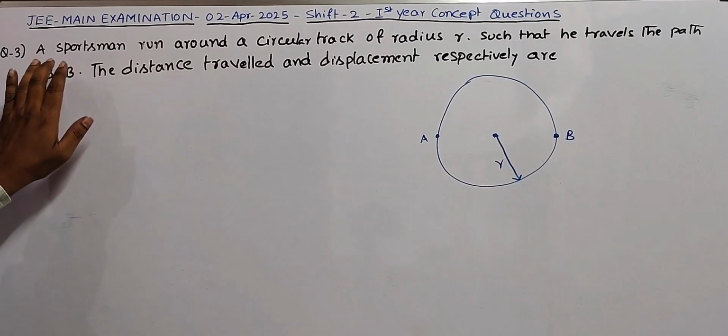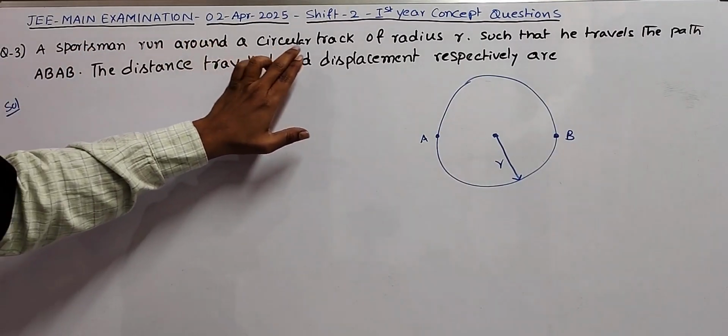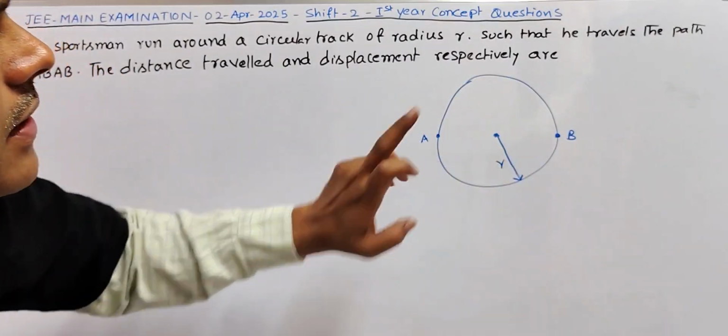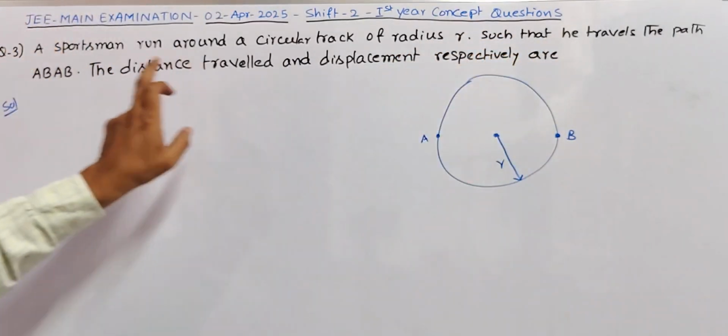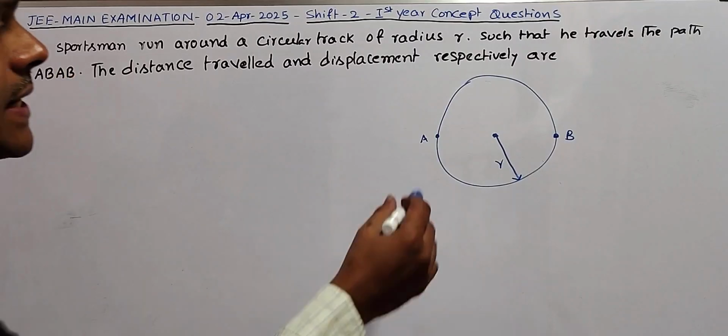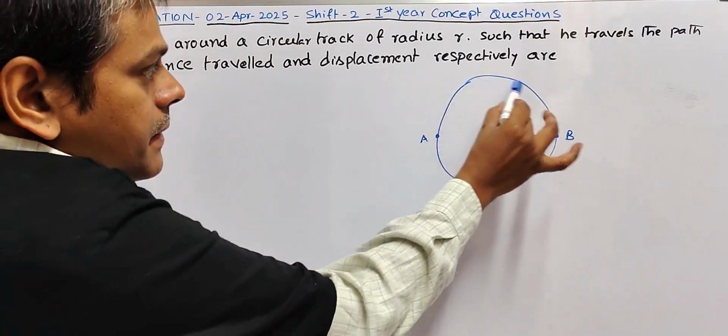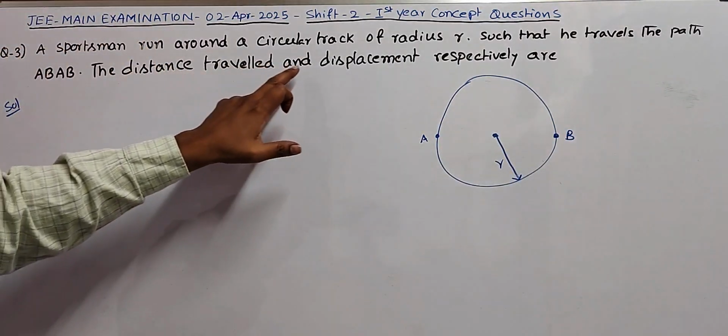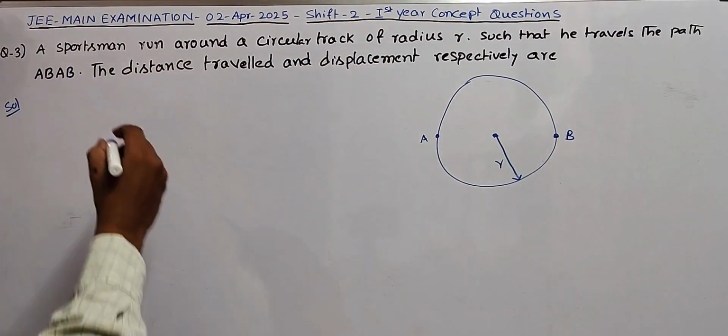The third question: a sportsman runs around a circular track of radius r such that he travels the path AB, B to A, then AB. The distance traveled and displacement respectively are.